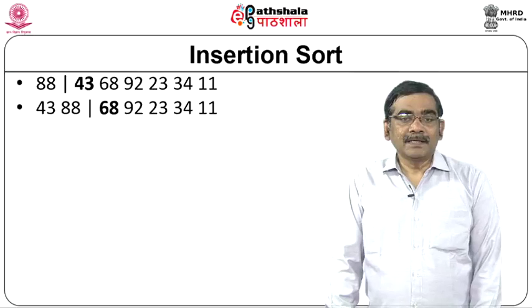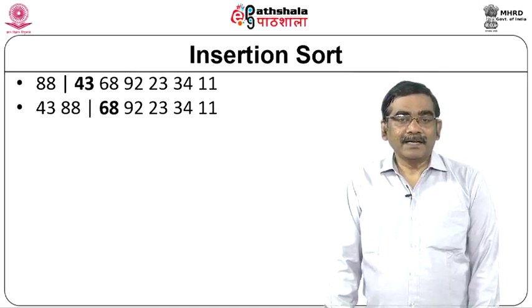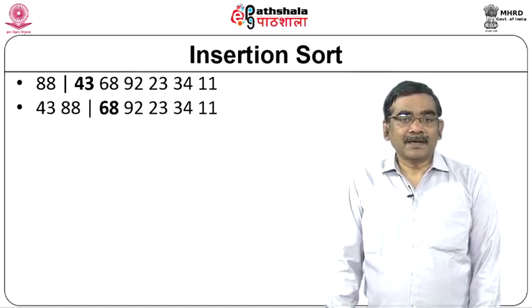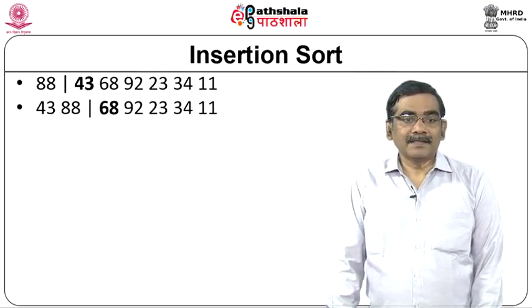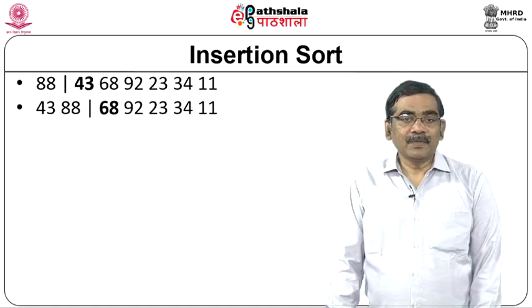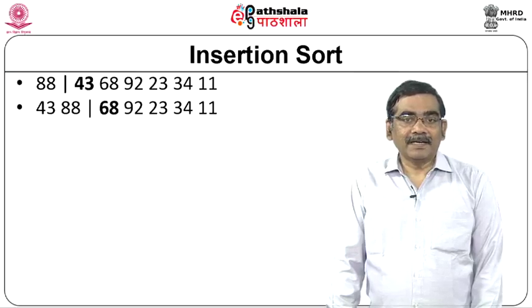So, the left hand side of the wall is sorted and on the right hand side all the elements are unsorted. Now I have to insert 68. The position of 68 can be before 43, between 43 and 88, or after 88.